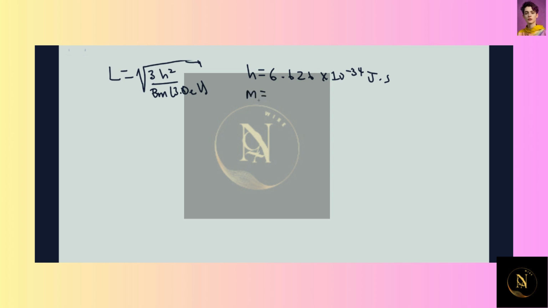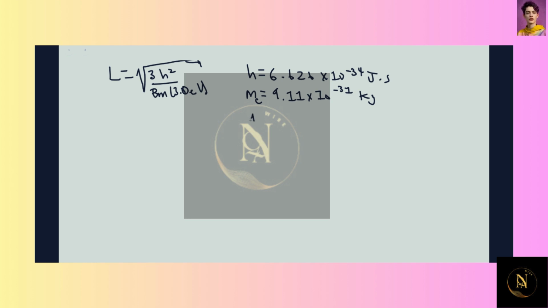M is the mass of an electron, so we'll call that M sub E, which is 9.11 times 10 to the minus 31 kilograms. And now since H is in terms of joules and mass in terms of kilograms, we want this energy in terms of joules as well.